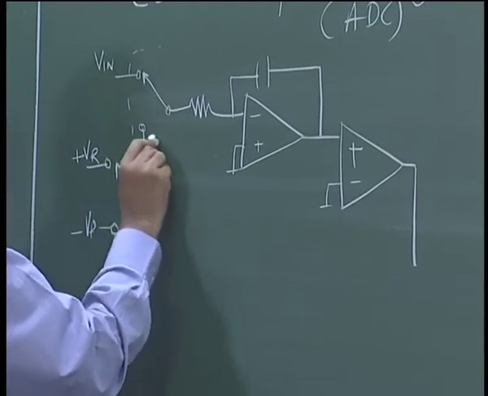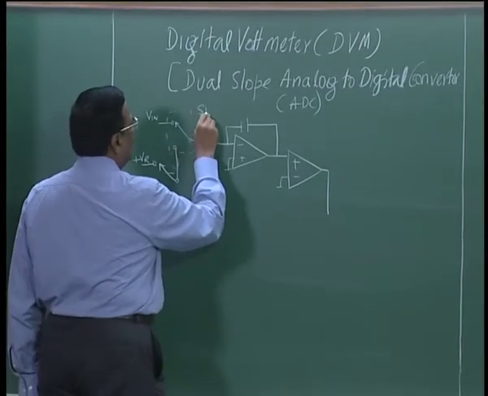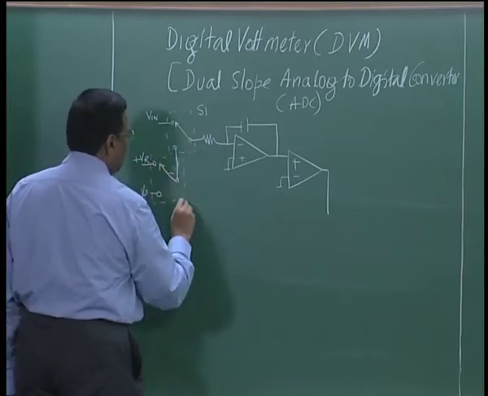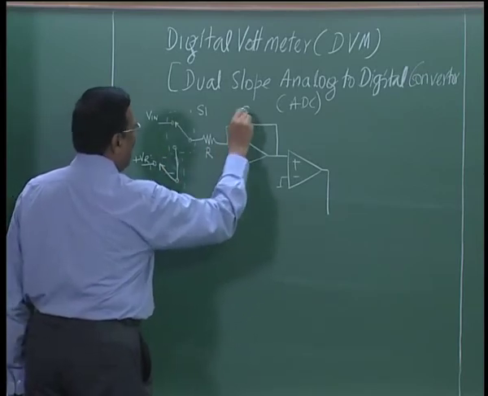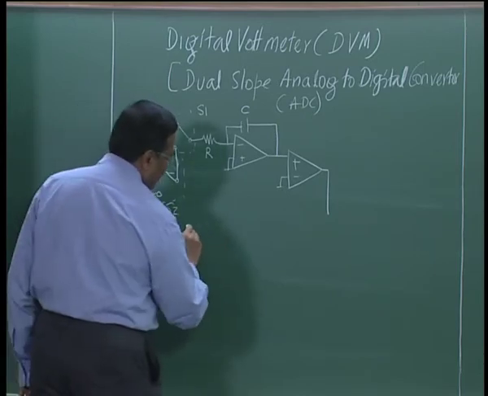So, we have one single pole double throw switch S1, and the second single pole double throw switch decides whether plus VR or minus VR are connected to the integrator, right. So, this is S2.